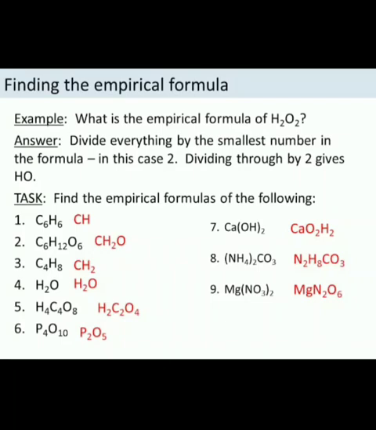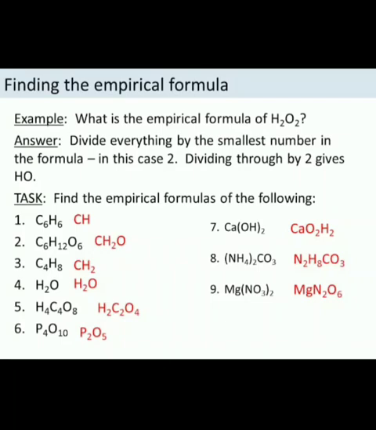You have to find the smallest number here, that means 2 twos are 4. You have to get the simplest ratio: 2 twos are 4, 2 fives are 10. So what is the empirical formula of P4O10? That equals P2O5.